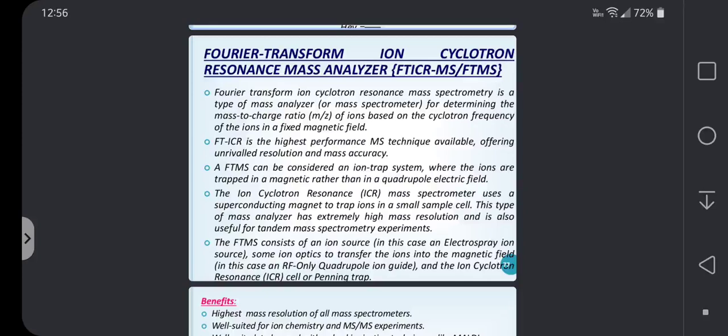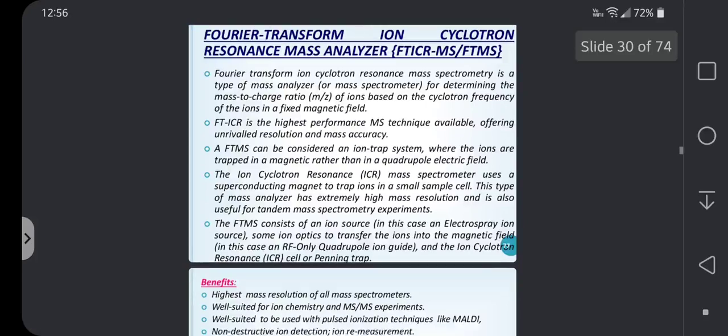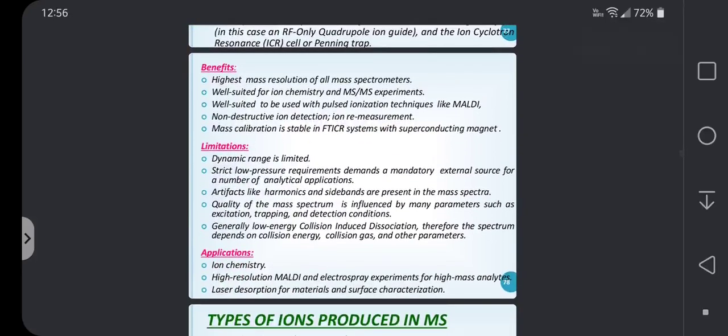The FTMS consists of an ion source, some ion optics to transfer the ions into the magnetic field, and the ion cyclotron resonance cell, or Penning trap. Benefits of this: it has the highest mass resolution of all mass spectrometers.